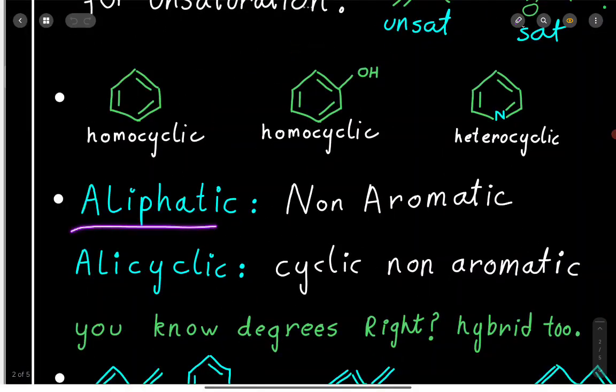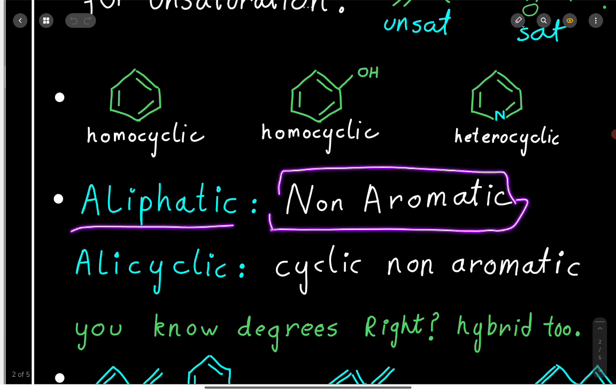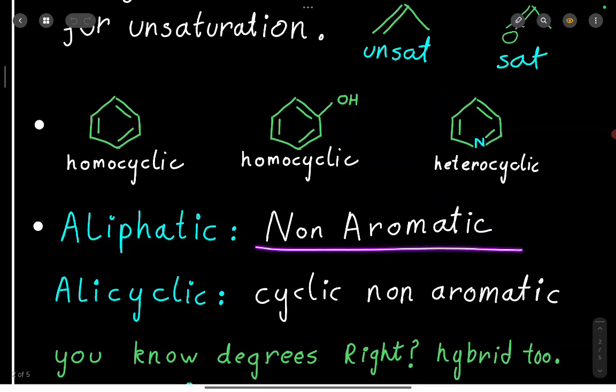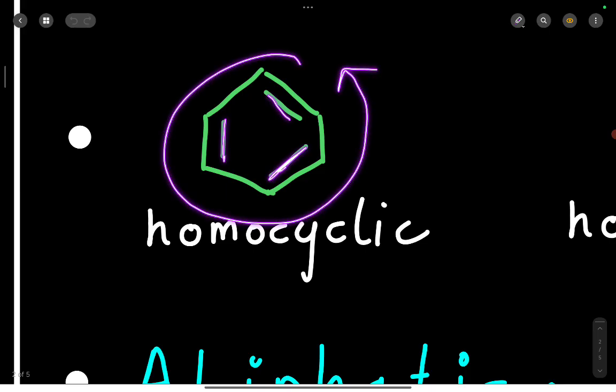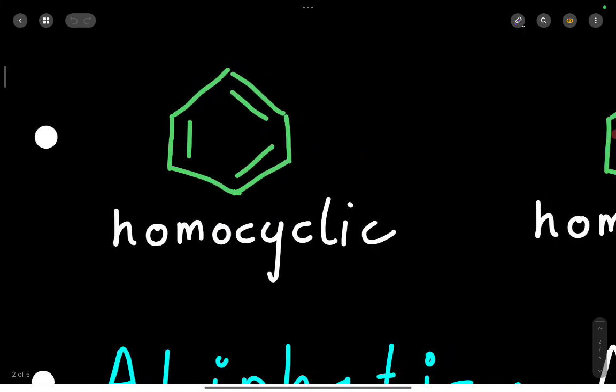Now, aliphatic compounds are those compounds which are non-aromatic. Just remember this definition for now. We will cover what non-aromatic means in general organic chemistry. But for now, you can think of aromatic as something which looks like this, where there is alternating single and double bonds across an entire ring, and there are exactly 4n plus 2 pi electrons, where one pi bond corresponds to 2 electrons.